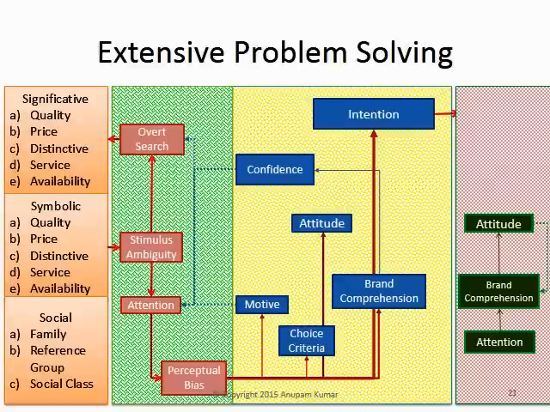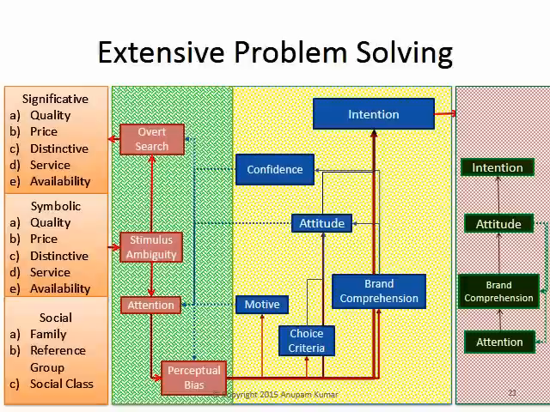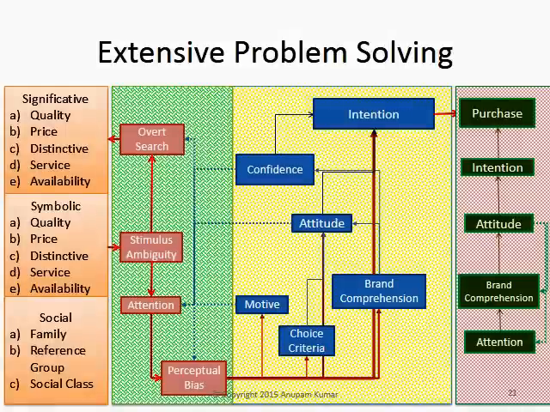This attitude gets reinforced through the consumer's attention and brand comprehension, leading to an even stronger perceptual bias. This perceptual bias firms up the consumer's attitude towards the brand comprehension and choice criteria, leading to a reinforcement of his intention. These sets of mental processes increase the level of confidence and push the intention towards a purchase.